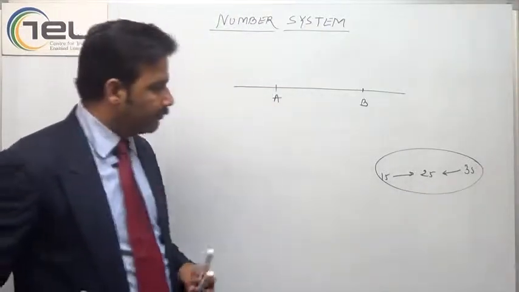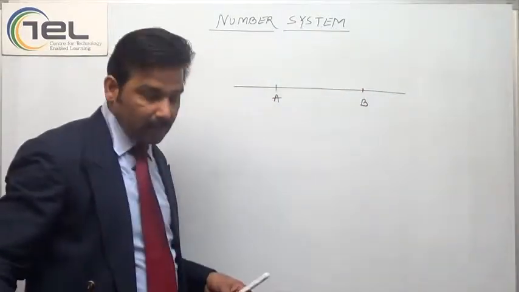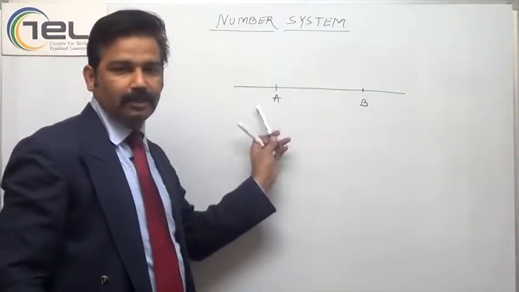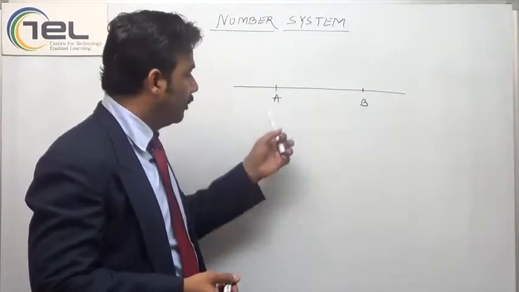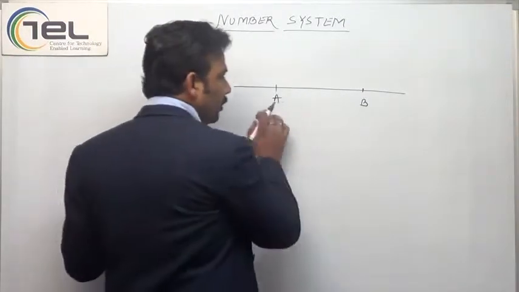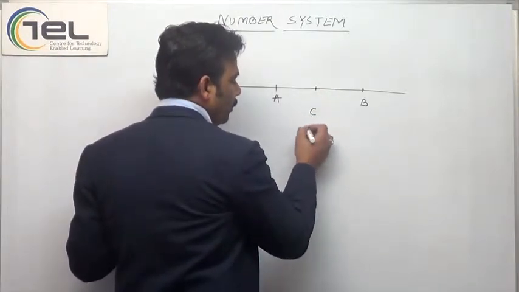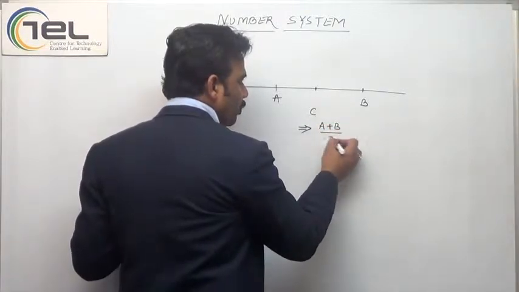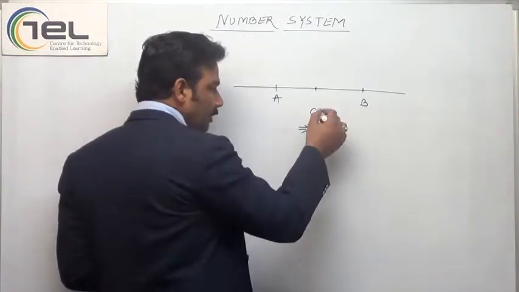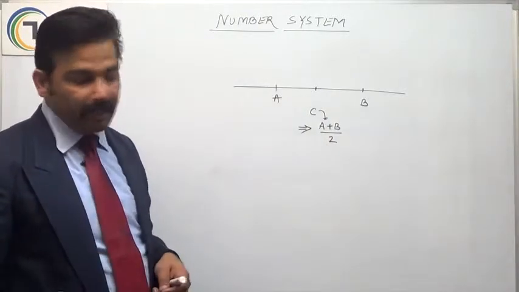Since it is lying between these two, what is the number between them? With that average, I will have another number C, which can be represented as A plus B by 2. This is another rational number between these two rational numbers.